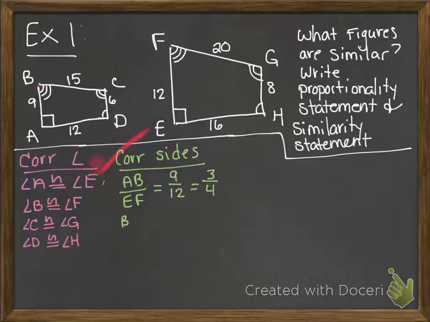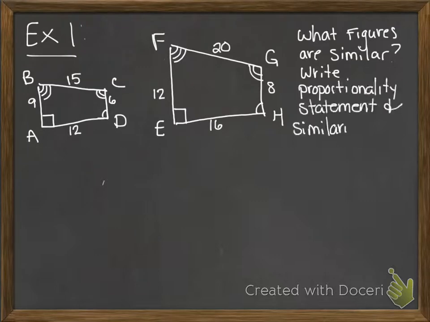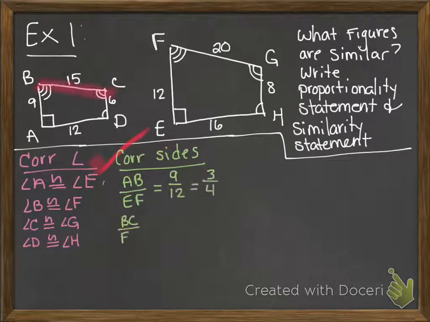Alright, my next pair of corresponding sides are going to be BC and FG. So we got B, C, and F, G. And I know that those are going to end up equaling.